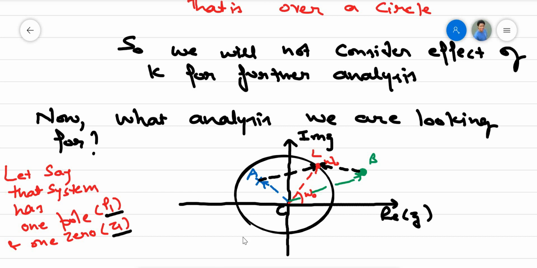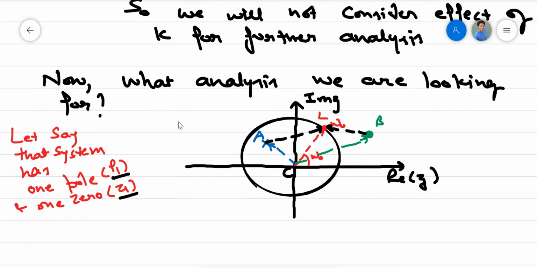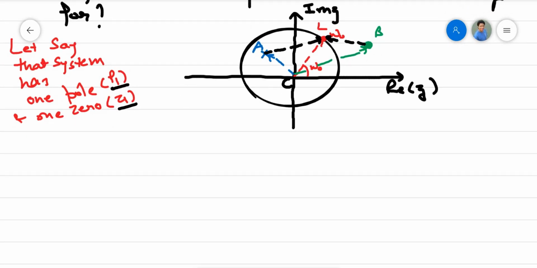Okay, now applying the vector algebra, we'll focus on that particular point. We want to find the impact of this pole over this L by finding this separation AL. By vector algebra, CL vector is equal to AC vector plus AL vector.